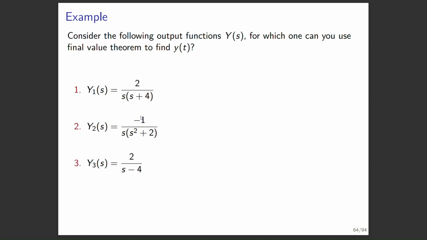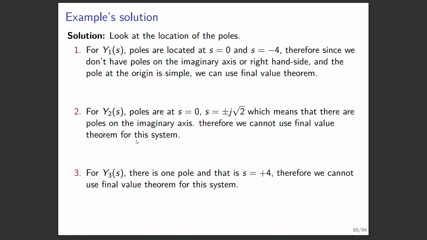How about here? Well, let me look at the poles. I have a pole at the origin, and I have s squared plus 2, which means I have two poles at plus minus j square root of 2. Let me show you. So these are the poles.